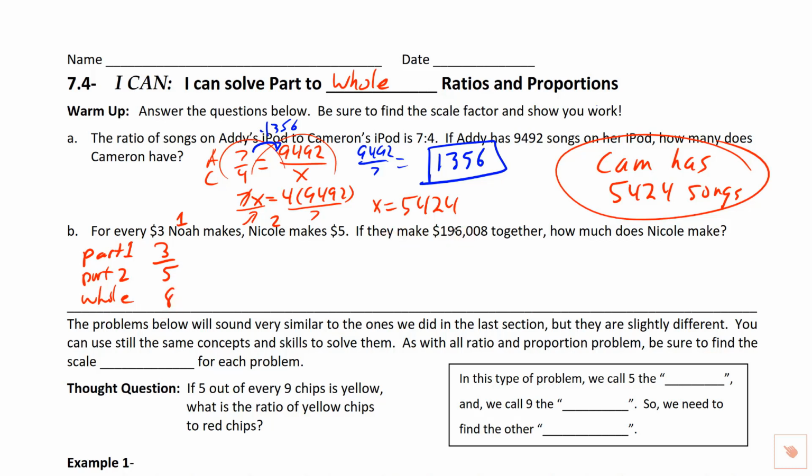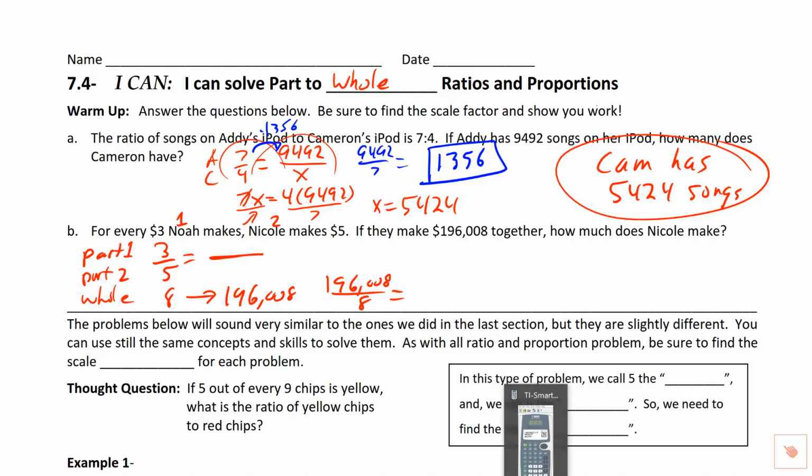So if they make this much all together, we need to figure out what these numbers are right here. And we can do this with 196,008 in order to figure that out. So let's figure out what the scale factor is. We're going to do 196,008 divided by 8, and we're going to get the scale factor on this one.